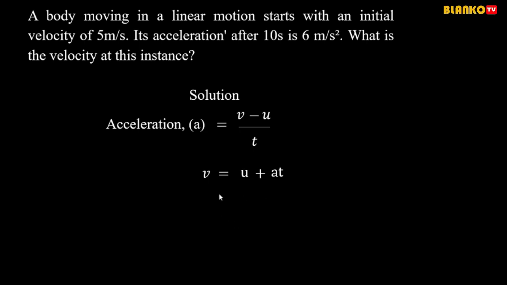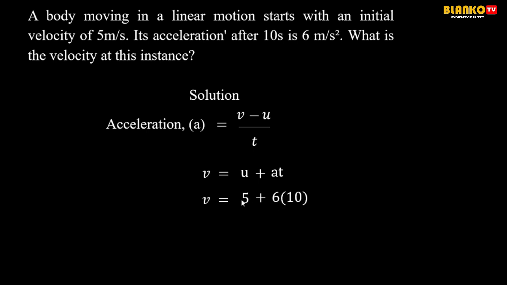So we have V equals U, which is 5, the initial velocity, 5 meters per second, plus 6 multiplying 10. 6 is the acceleration, 6 meters per second square, and 10 is the time, 10 seconds.